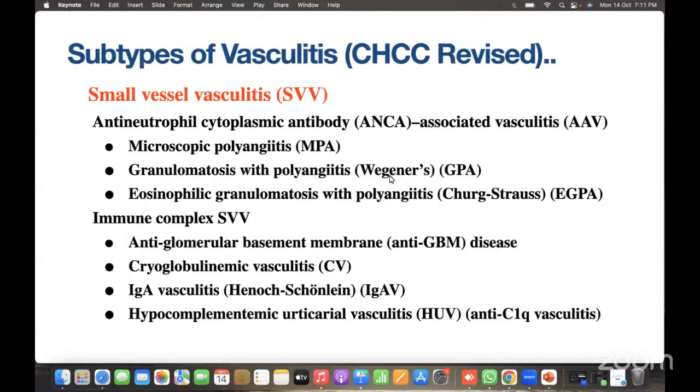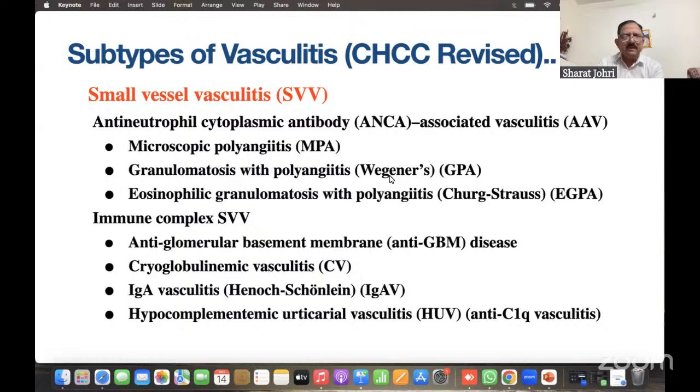Small vessel vasculitis can be further divided into ANCA, anti-neutrophil cytoplasmic antibody, associated vasculitis, which is microscopic polyangiitis, granulomatosis with polyangiitis like Wegener's, eosinophilic granulomatosis with polyangiitis, Churg-Strauss vasculitis, and immune complex associated vasculitis like anti-glomerular basement membrane vasculitis, cryoglobulinemic vasculitis, IgA vasculitis, and hypocomplementemic urticarial vasculitis. So these are the various small vessel vasculitis.